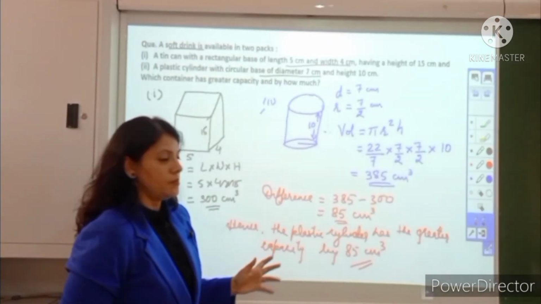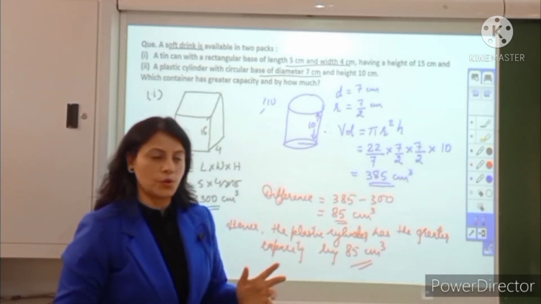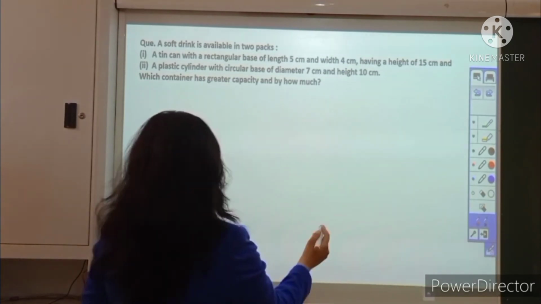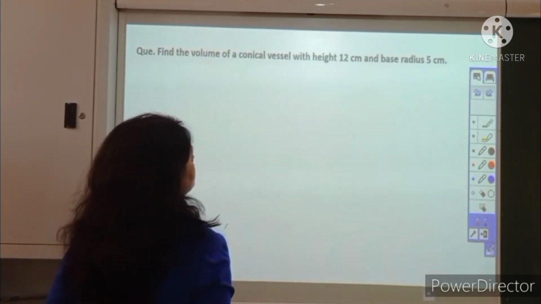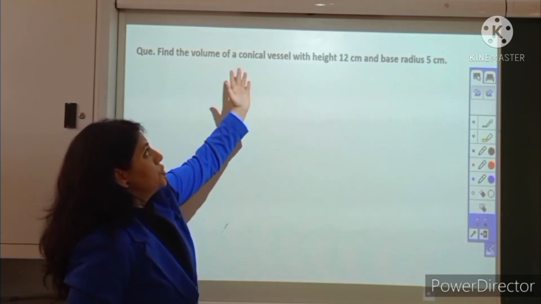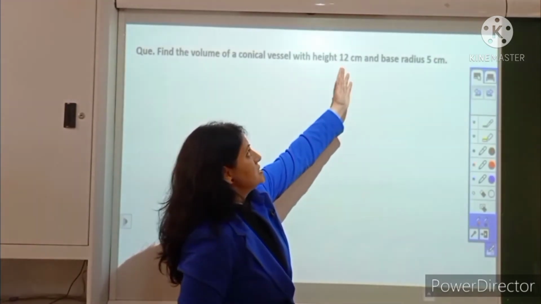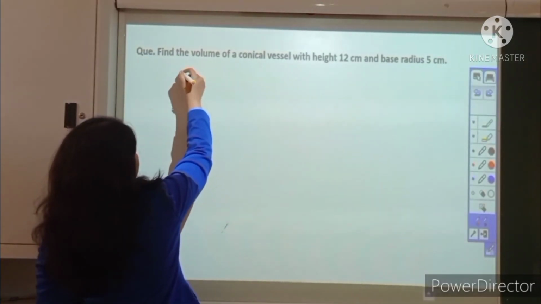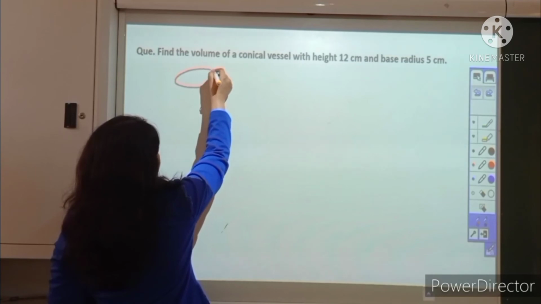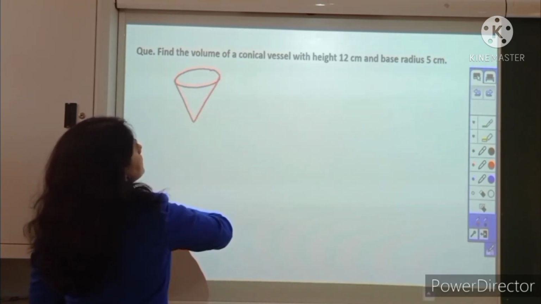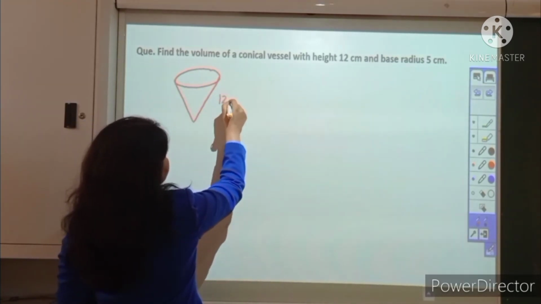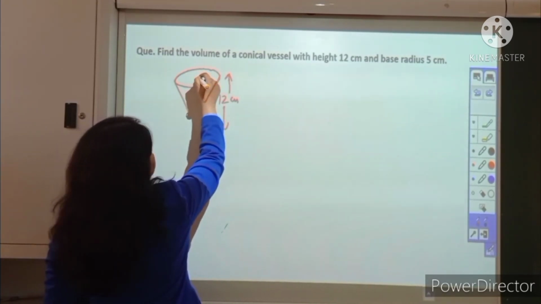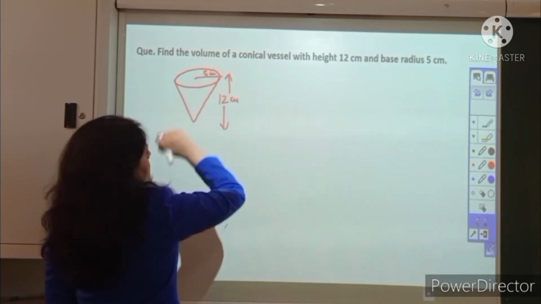Now, let's take up one more question based on the volume of a cone. Let's find out the volume of a conical vessel with height 12 centimeter and base radius 5 centimeter. Let's draw a cone whose height is 12 centimeter and radius is 5 centimeter.